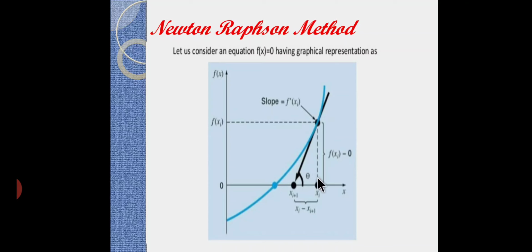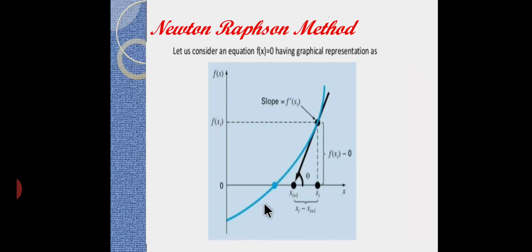So xi is on the x-axis and f of xi is the y coordinate. We will derive the Newton-Raphson formula using this tangent to the curve y is equal to f of x.